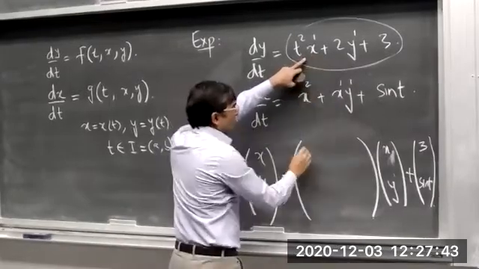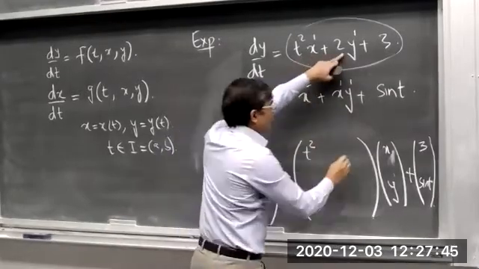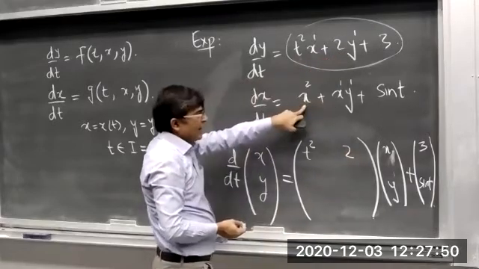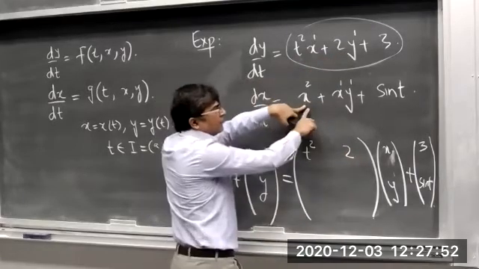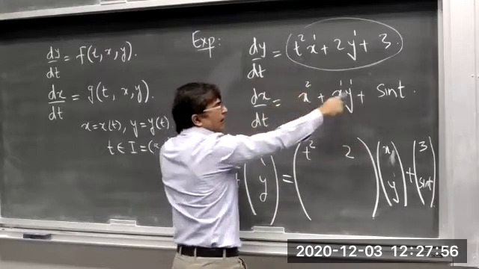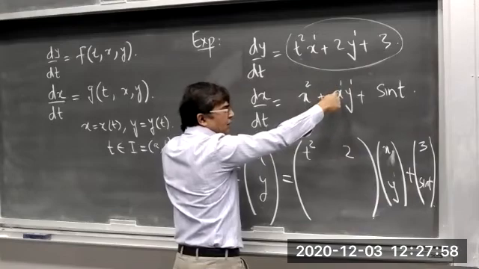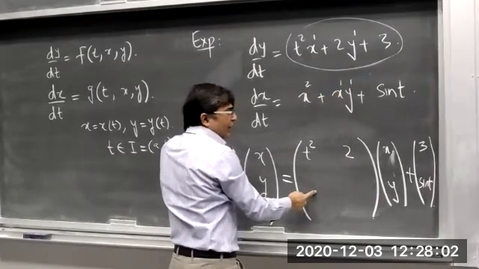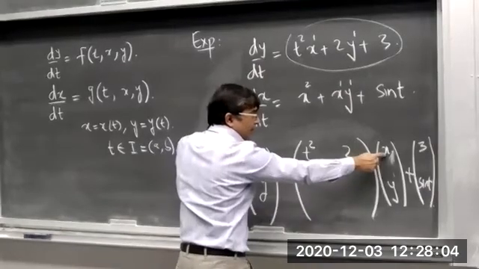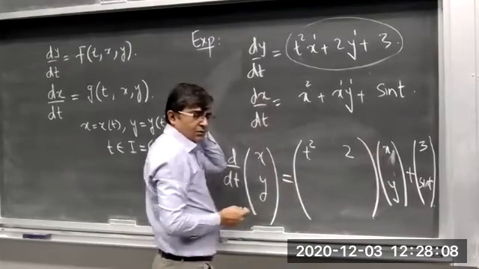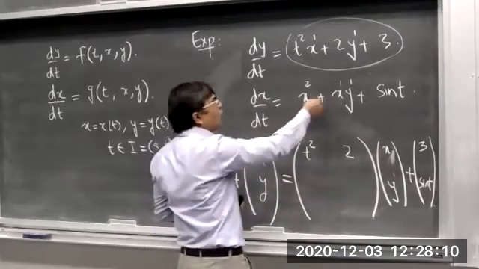Yes, the coefficient of x1 is t square, the coefficient of y is 2. But here, the coefficient of x square? There is no x here, there is x square. Similarly here there is x into y, so we cannot have coefficients here. We cannot separate them by x here and y here.